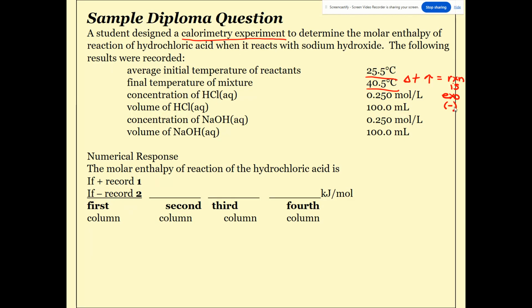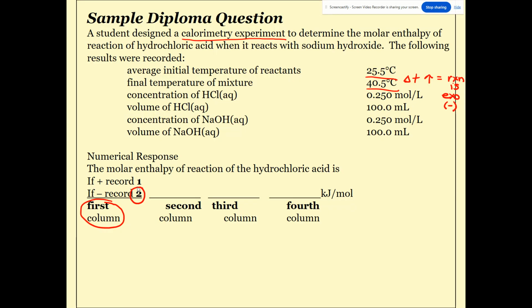Now, how do you put a negative in numerical response? There's never a negative or positive symbol that you can put in numerical response. But notice how this question, for your numerical response answer in the first column, says if it's positive, record a 1, and if it's negative, record a 2. So we're going to be recording a 2 in front of our answer because this is an exothermic reaction.